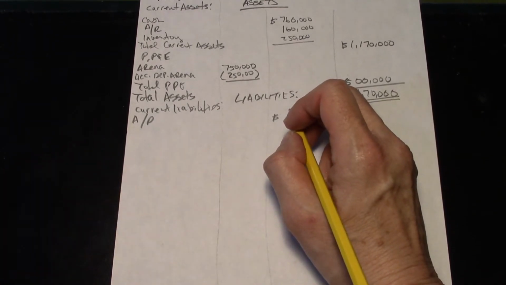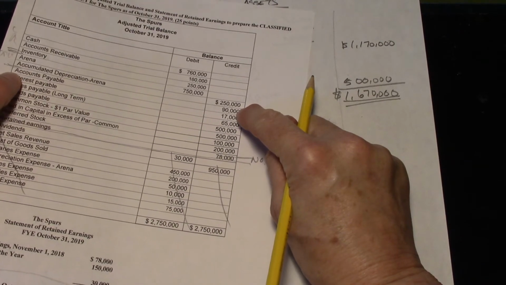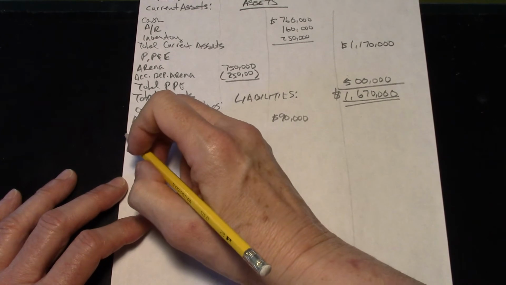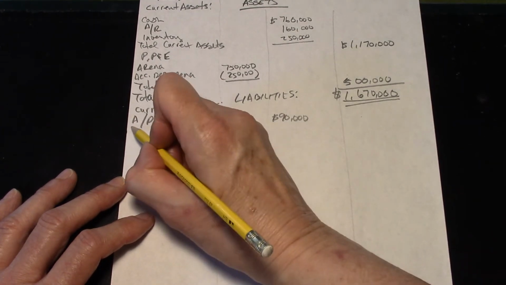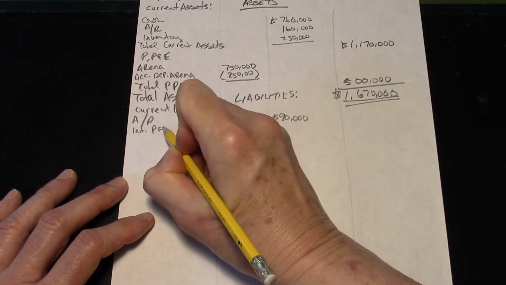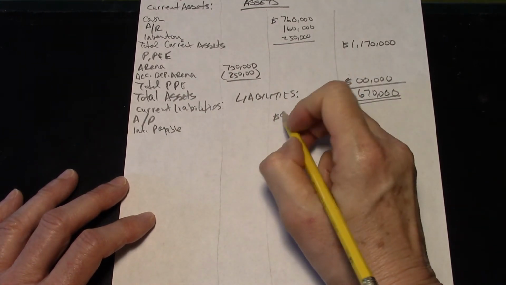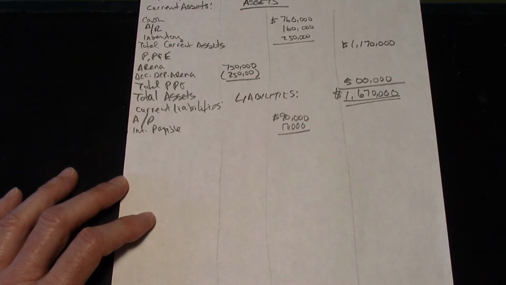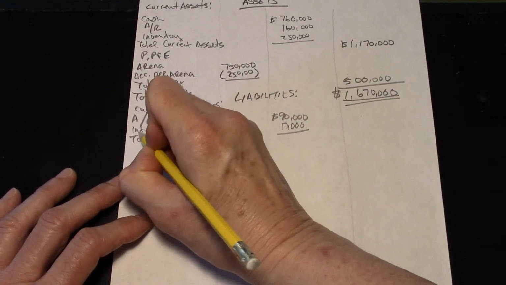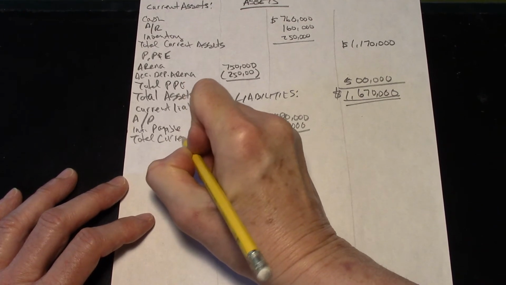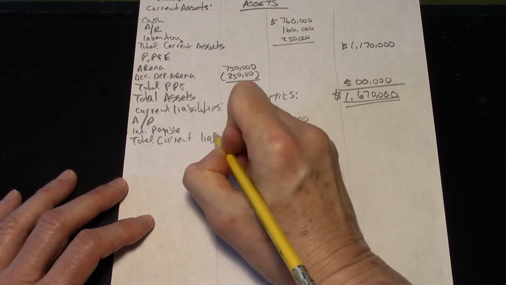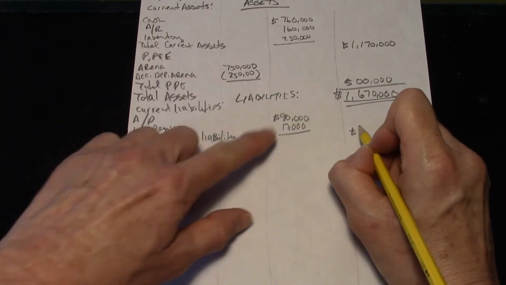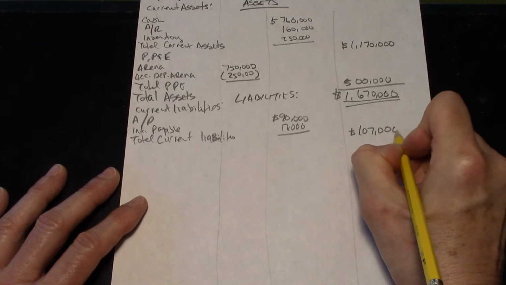And again, I'm just taking these numbers right off of here. And what was our other one? Interest payable. And interest payable is 17,000. So you add those up, that's going to be your total current liabilities, and so that's 107.